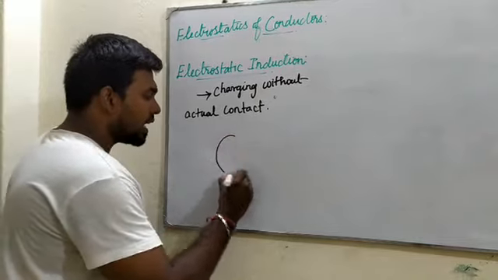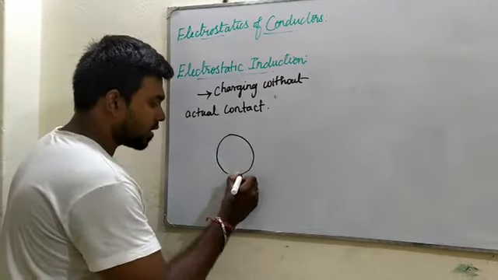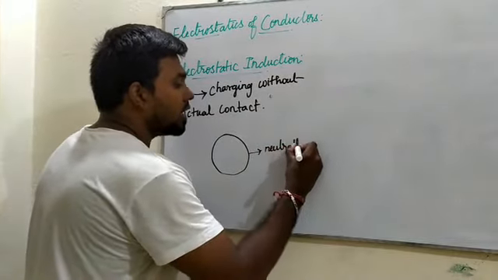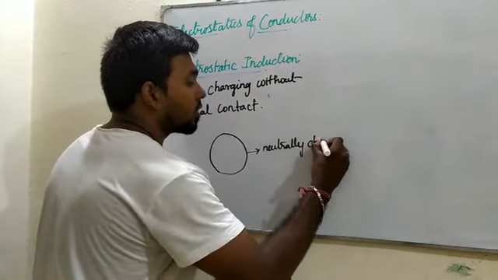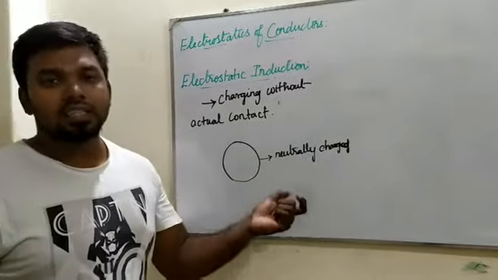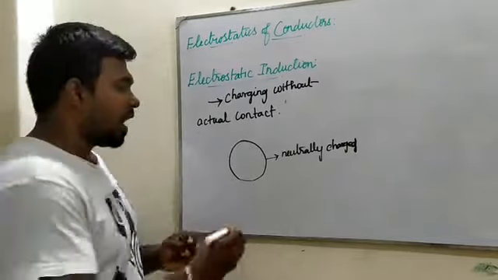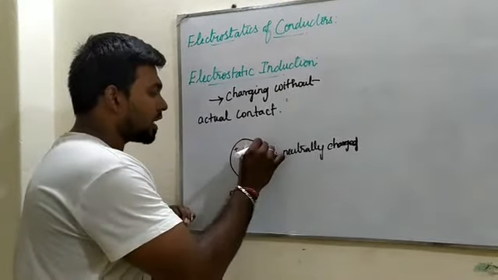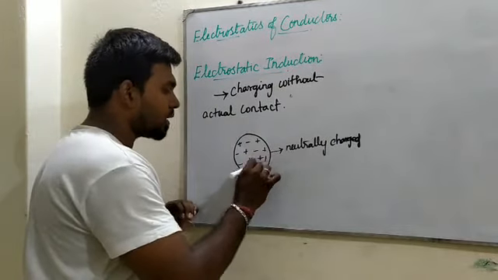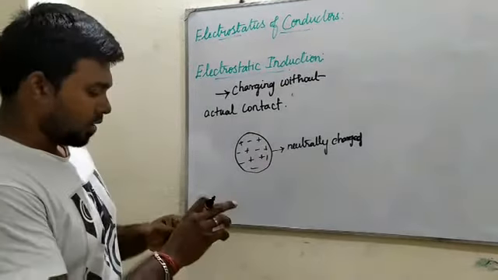For this, let us consider a sphere which is neutrally charged, or we can say that it is in electrostatic equilibrium, and all the positive and negative charges are spread across the sphere uniformly.